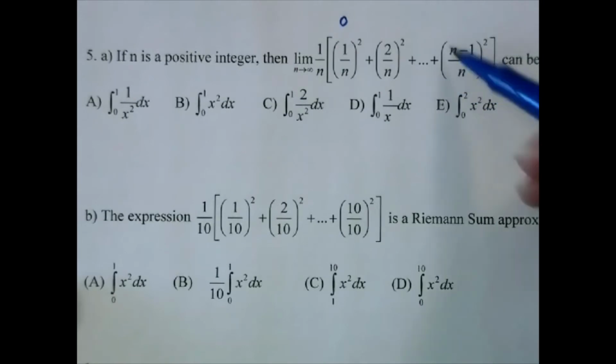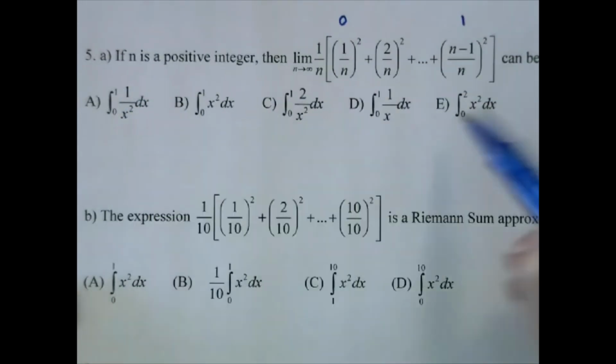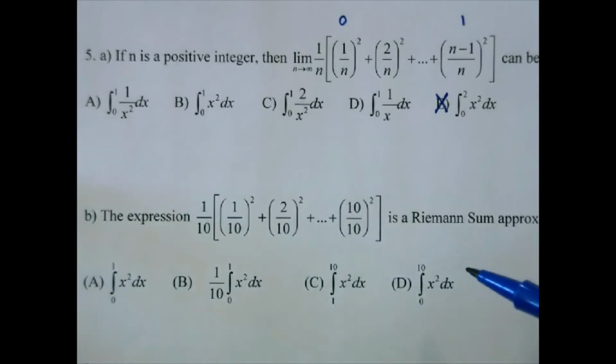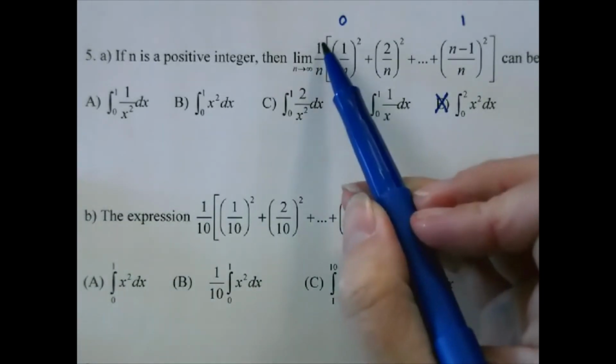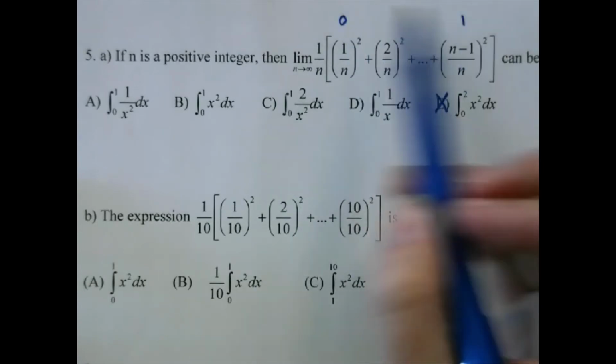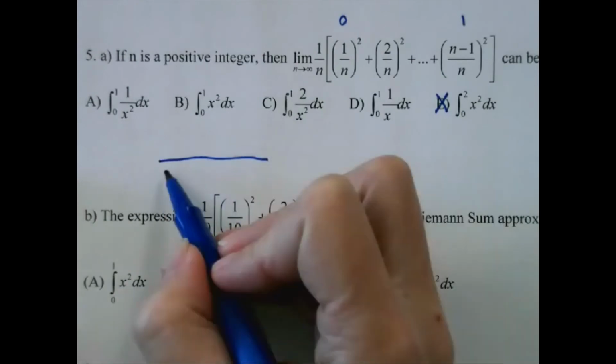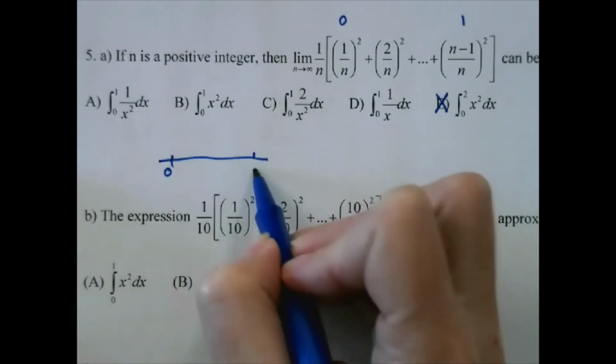As this goes to infinity, the n over n is going to be 1. So my limits of integration, is what we call these, are going to be 0 to 1. So e is not our thing. So the 1 on top, again, is going to be the distance between the top and the bottom, or the 2 x values. And then we're taking that, so we're starting at 0, we're ending at 1.